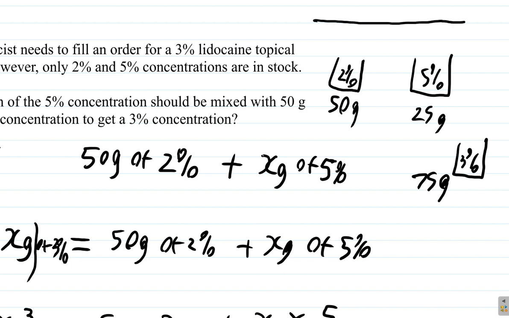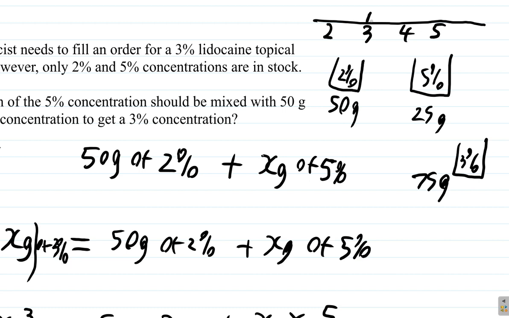Now, if you have 2%, you have 2, 3, 4, 5. That's what you want. Notice now, 3 is less than halfway between 2 and 5. See that?